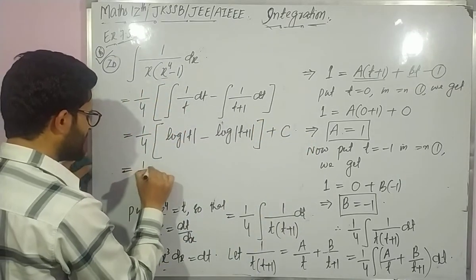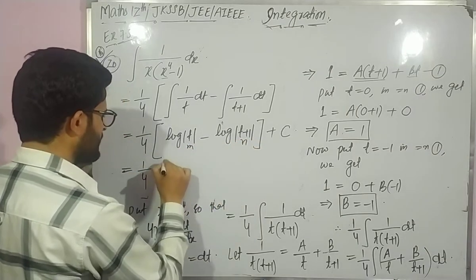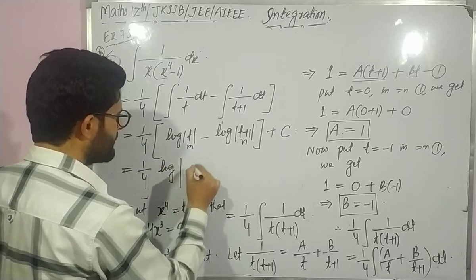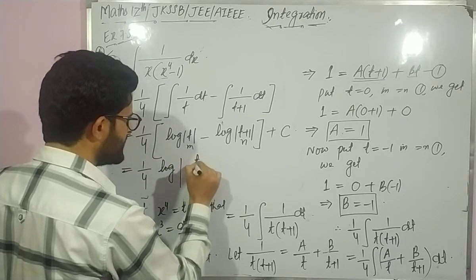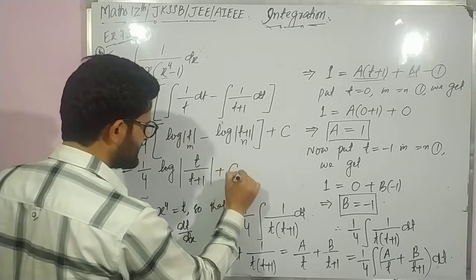And that is equal to 1 divided by 4, log m minus log n is obviously equal to log of mod of m by n, that is t divided by t plus 1, plus c.